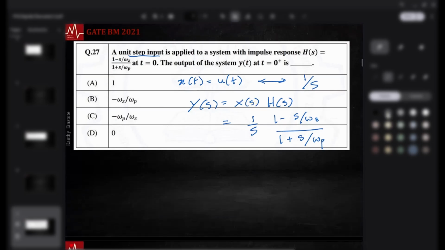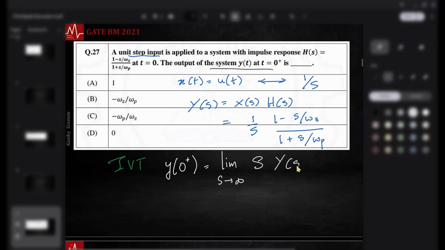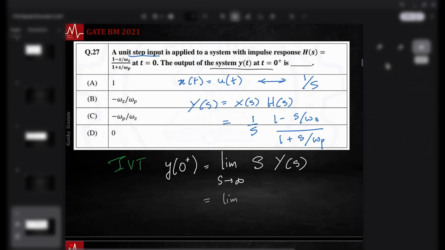We want this system's output at initial value.